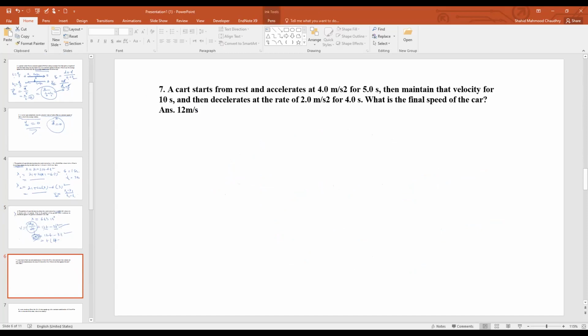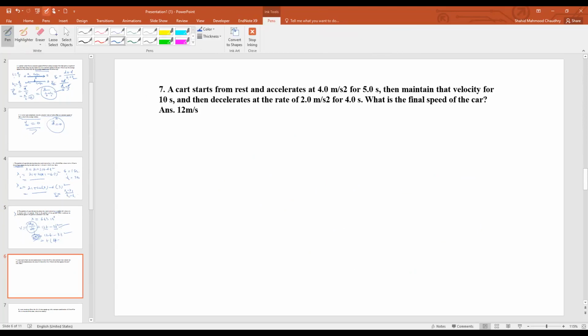Okay. See this one. A car starts from rest and accelerates at 4 meters per second square for 5 seconds. So accelerates means from here you can conclude that this is the acceleration value. Always check the units. This is time.